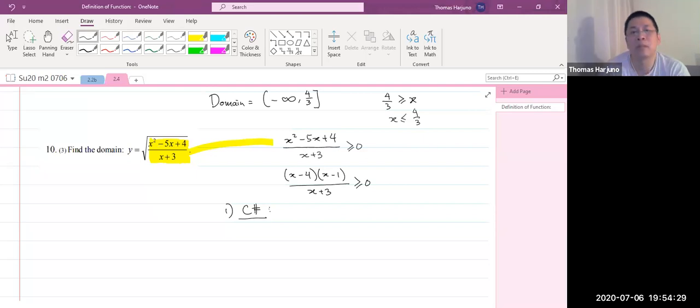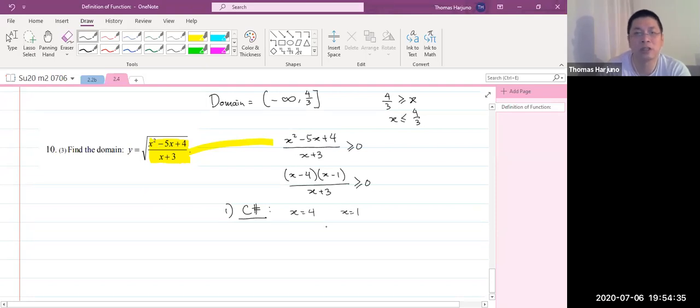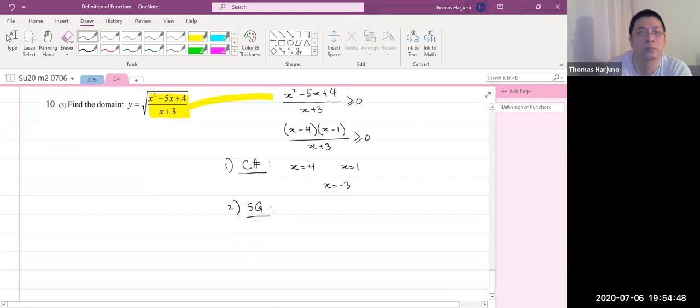Okay, now the critical numbers are x equals 4 and x equals 1. Those are the zeros, the x values that make it equal to 0. And x equals -3 is the x that makes it undefined. Sign graph: x equals -3, 1, 4.